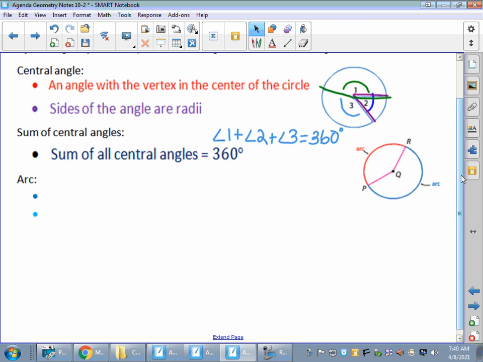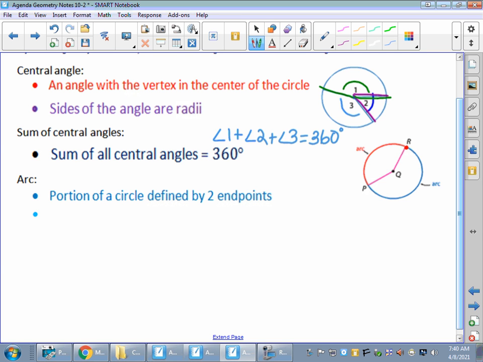So those are angles, right? Angle 2 is a central angle. And then we talk about arcs. An arc is the actual part of a circle defined by two endpoints. So on this second circle here, I've got this arc. It goes from R to P. And if I actually just pick that piece of the circle out, I take out that curved segment, I've got myself an arc.